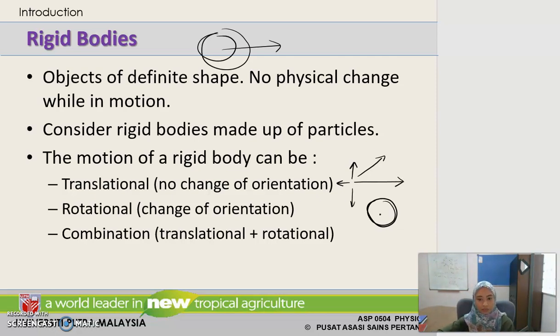Then we have the combination of translational and rotational, like the ball example: when you roll a ball, you are not just rotating it, it is also moving forward. So translational is just moving it normally, rotational is making it move about its center, and the combination is making it move about its center like a ball, but also moving forward.